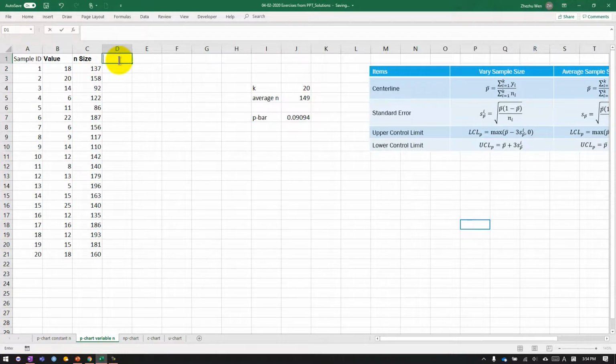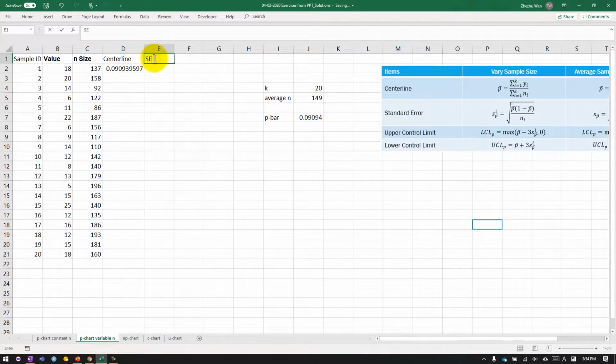So what I'm going to do is say the center line is going to be the P-bar here, and then I'm going to use the absolute reference. And for the standard error, I'm going to use the square root of center line, which is also our average proportion, minus... Let me do it again.